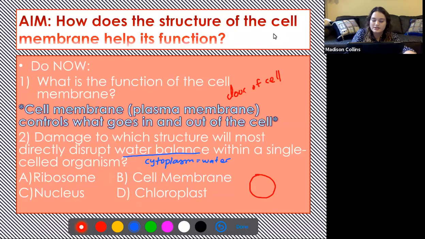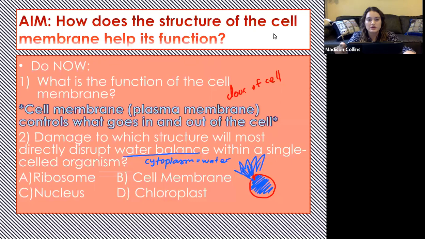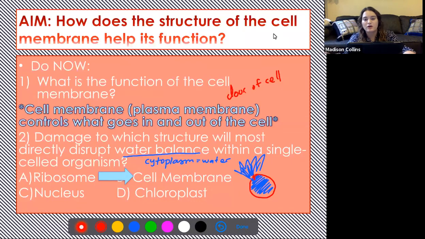So it holds that cell intact with all of those watery structures inside. But if we poke a hole in that cell membrane, all of that water is going to explode. It's all going to come rushing out. Okay, so damage to the cell membrane, answer choice B, would directly disrupt that water balance because without the cell membrane, there is no cell.